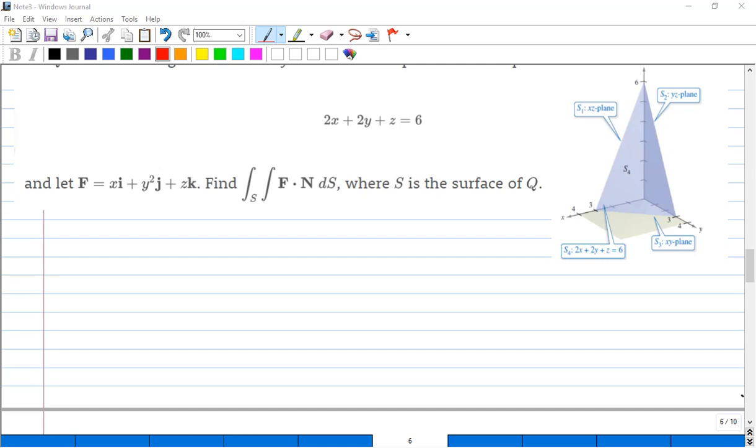So what you would normally need to do here is evaluate 4 surface integrals to be able to figure this out using the knowledge that you may or may not have had before this class.